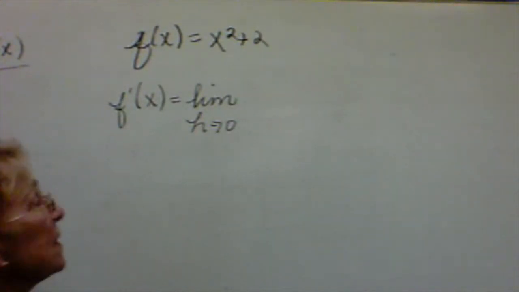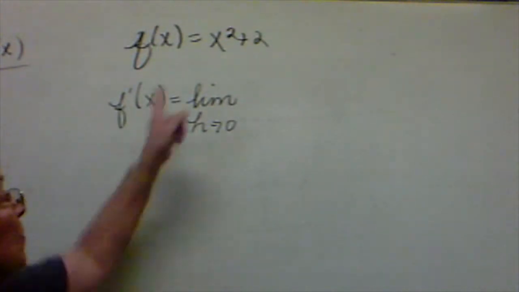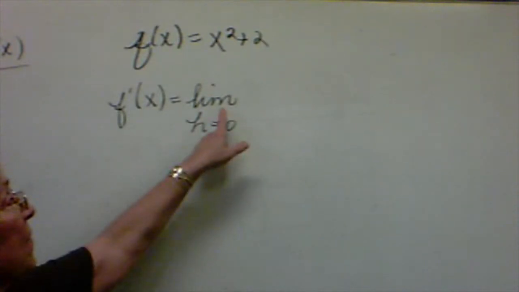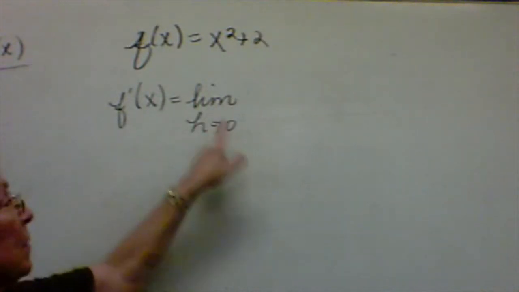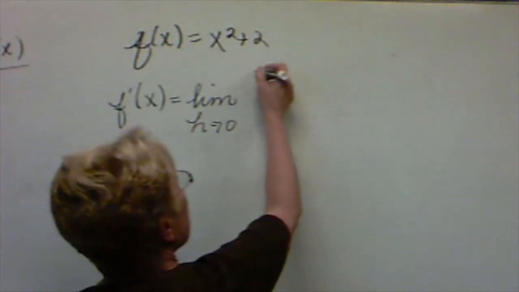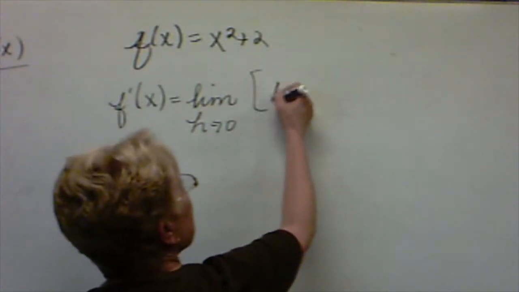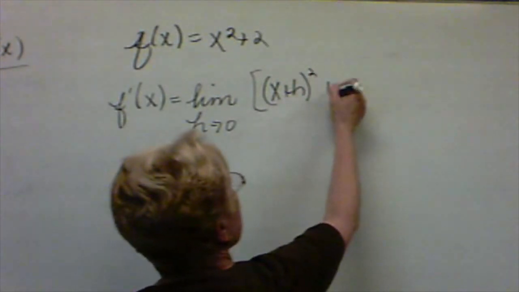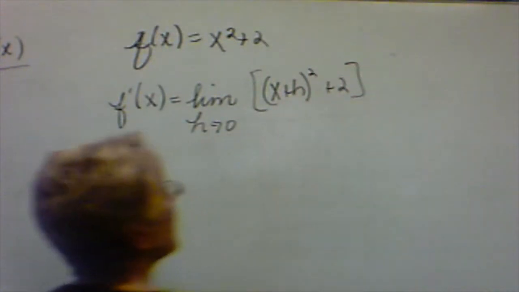we're going to practice the definition of the derivative with a simple function, and we're going to remember that we always have to write the limit as h approaches 0. So we're going to have where the function ended, which was x plus h quantity squared plus 2.